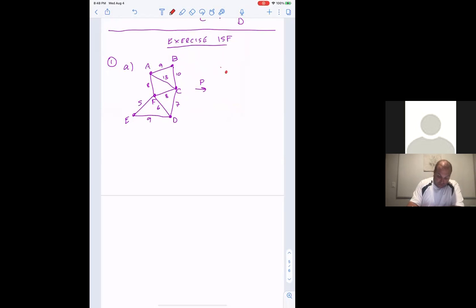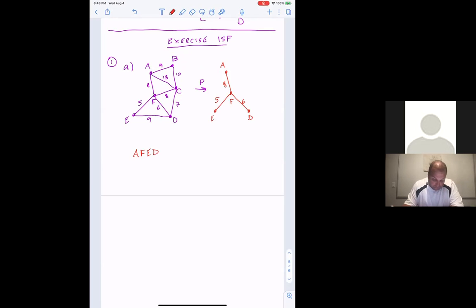He says start with A. So A comes first. If you recall Prim's algorithm, we pick the edge of minimum weight that connects to A, and in this case there's only one, F, which means A and then F. Now we look at A and F and pick the edge of minimum weight that connects to either of the two, and I have a 5. That gives me E. Now we look at A, F, and E, and I pick the edge of minimum weight, and I have F to D is 6.